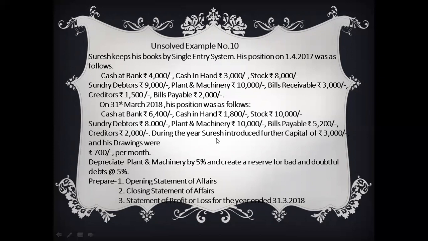During the year, Suresh introduced further capital of rupees 3,000 and his drawings were rupees 700 per month. Depreciate plant and machinery by 5% and create a reserve for bad and doubtful debts at 5%.